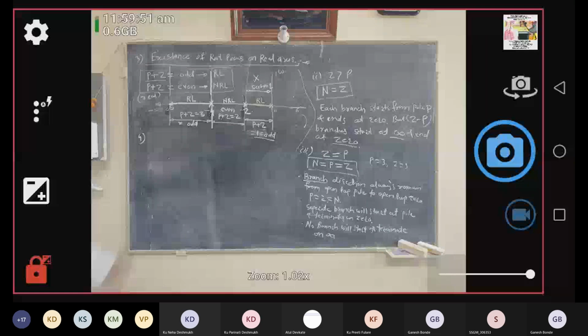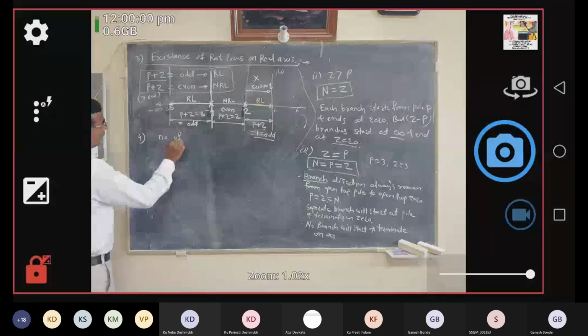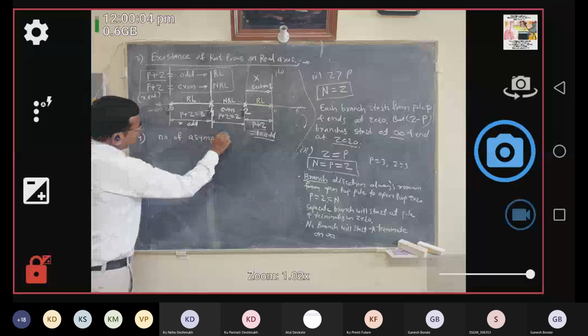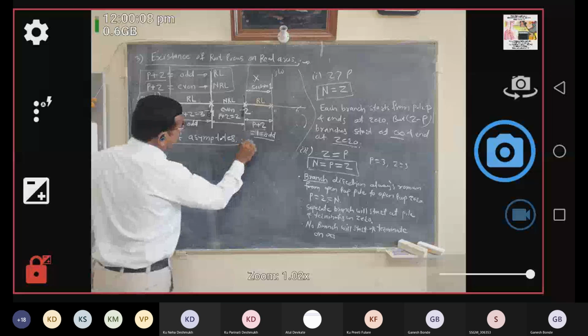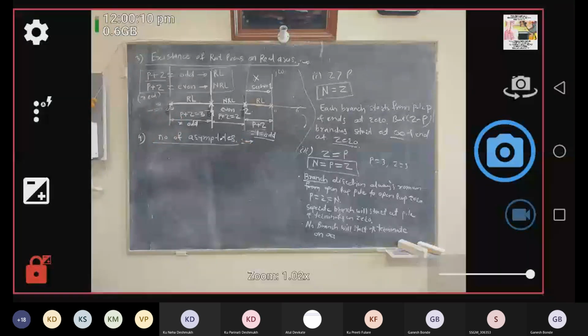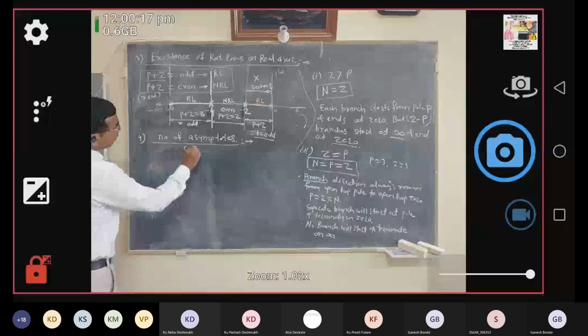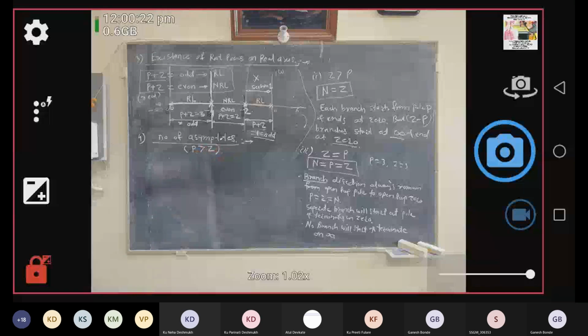So write down step number 4. So our step number 4 is the number of asymptotes. You have to find out the number of asymptotes. Generally, number of asymptotes are present only in case of when p greater than z.